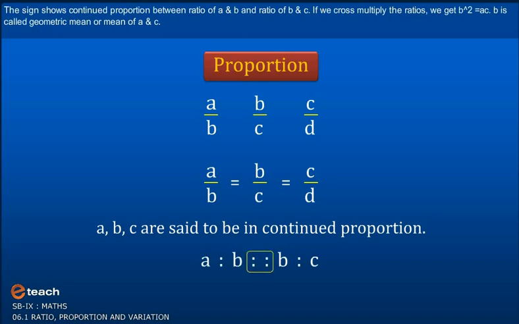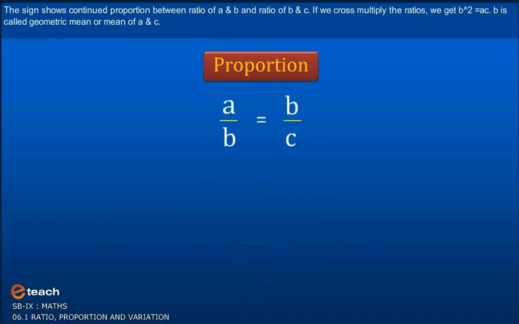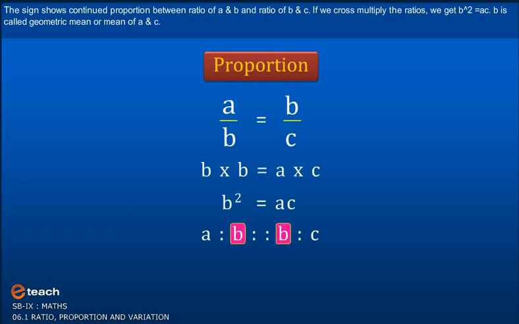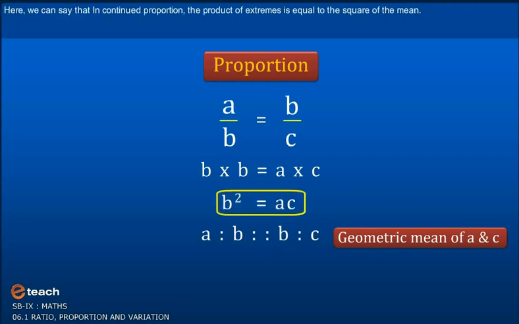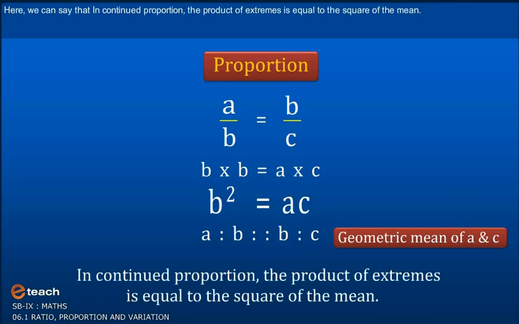The sign shows continued proportion between ratio of A and B and ratio of B and C. Now, if we cross multiply the ratios, we get B square is equal to AC. B is called geometric mean or mean of A and C. Here, we can say that in continued proportion, the product of extremes is equal to the square of the mean.